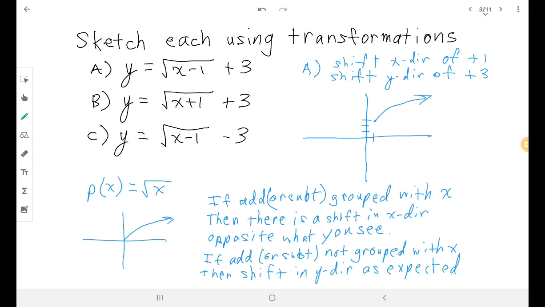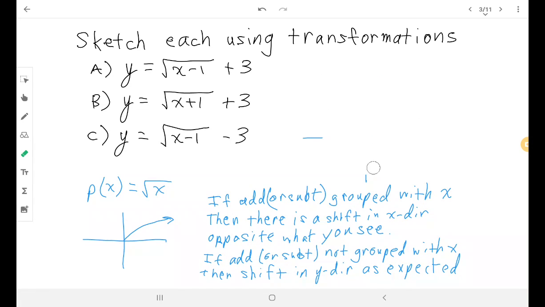So I'm going to erase the stuff for A now. And we will talk about B. And again, there's shifting, we're adding, subtracting.